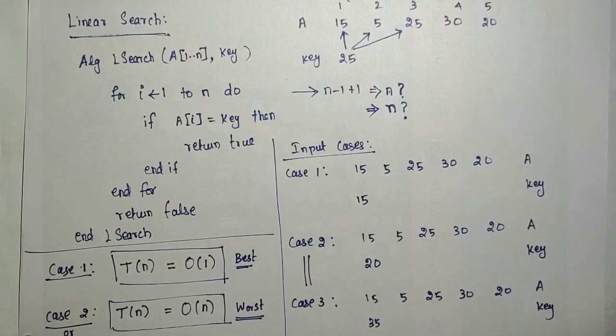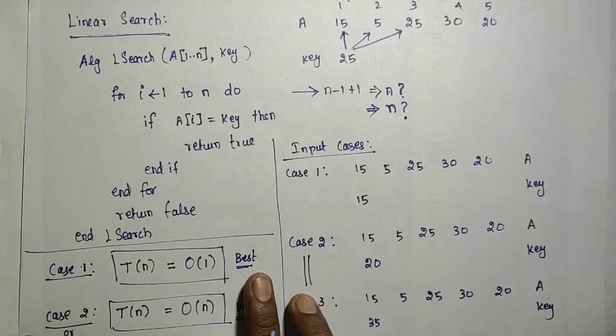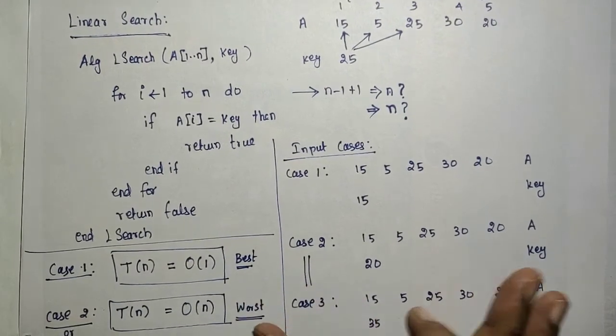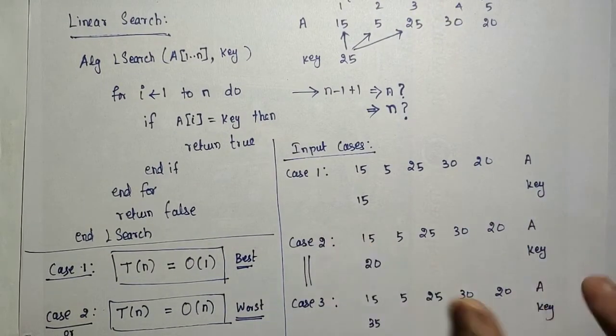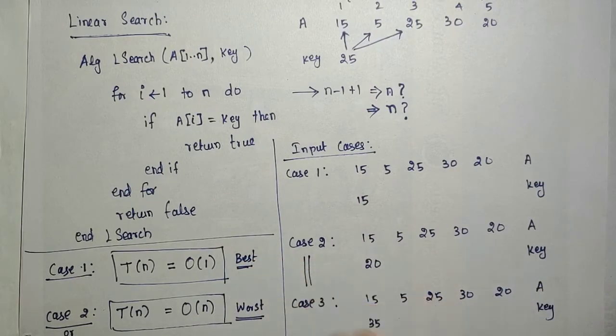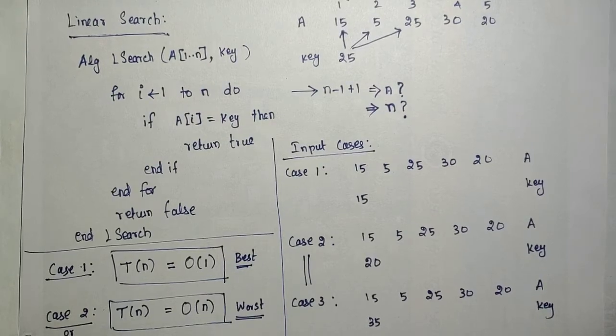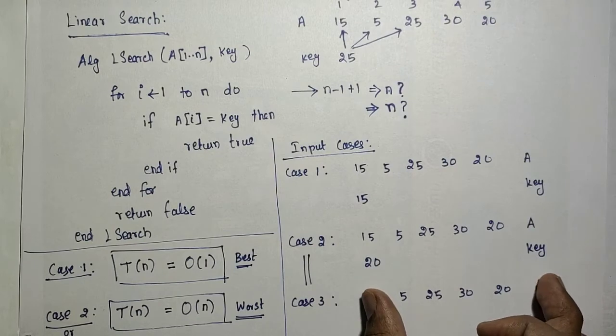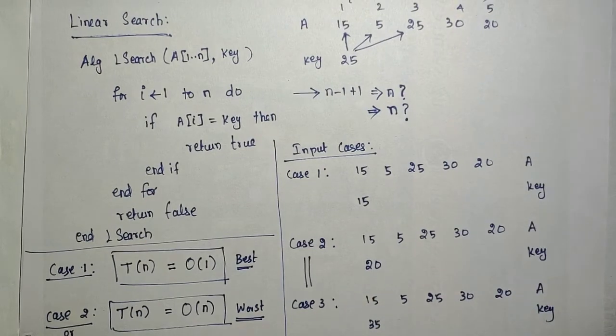The only point you have to remember is that best case complexity is the complexity for the best case input. For the best case input, it will take less execution time. Worst case complexity is the execution time for the worst case input. For the worst case input, it will take more execution time.